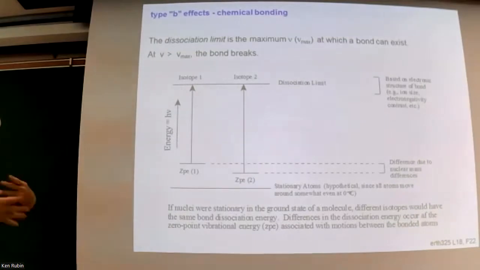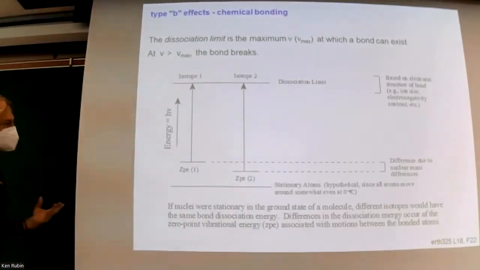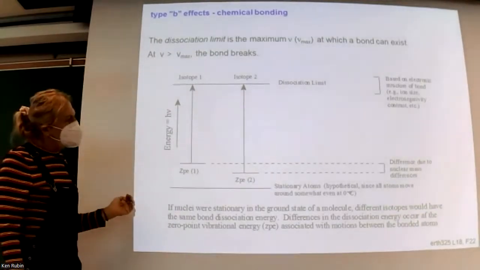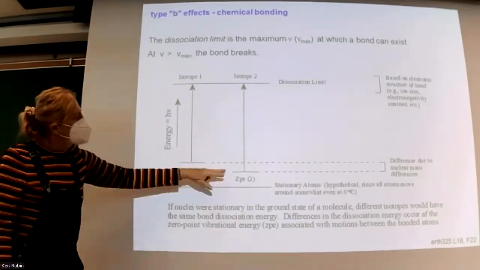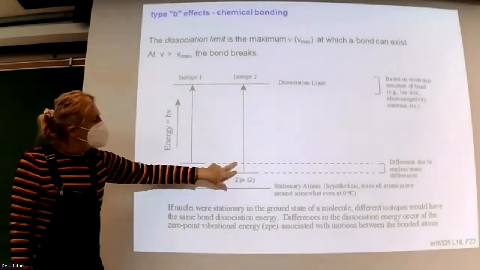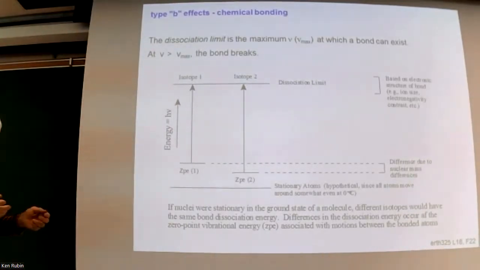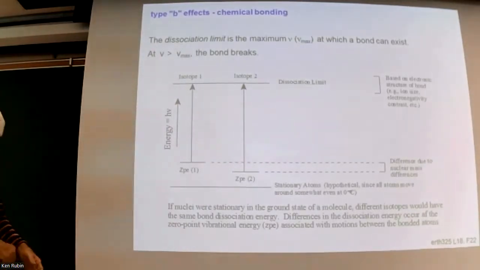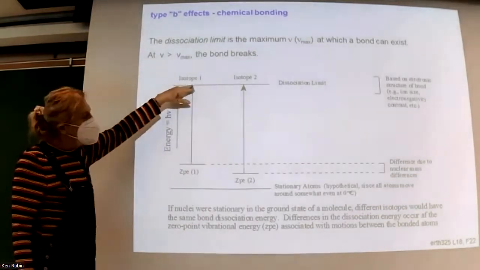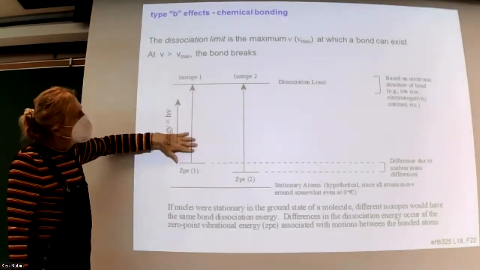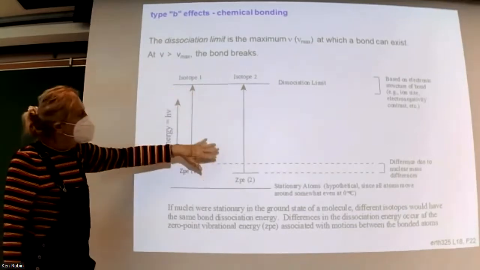So what's really happening here in the bond energy scenario, type B fractionation, is that the difference in mass is causing a slight difference in the amount of inherent energy stored in the bond. If we then heat that up and get it to the dissociation limit, it takes less energy to break the light isotope bond than it does the heavy isotope.